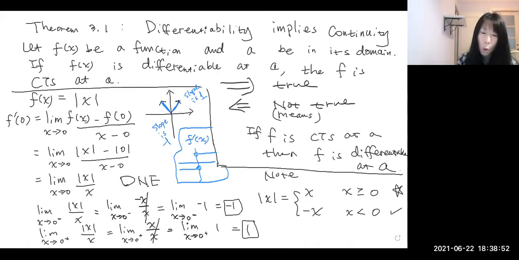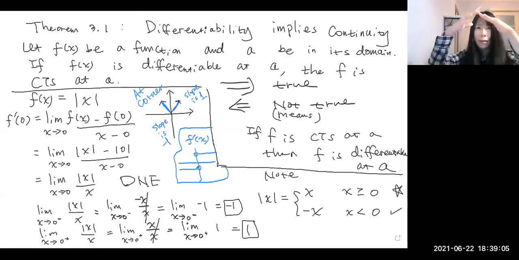So we say that this is a corner, not differentiable. The corner like that or like that, okay? It's not differentiable.